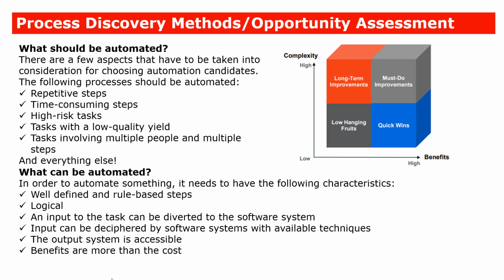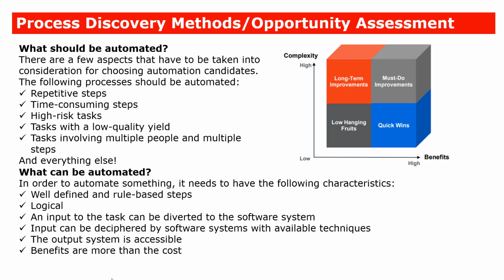Are they not changing? Because RPA works on UI elements, and if your application is changing every 15 days, your RPA process automation will not give a good result. Take the example of Facebook. If you want to automate something using the Facebook UI, and the Facebook UI is changing every quarter or every month, then your automation needs to be tweaked to update the selectors and the changed screens.